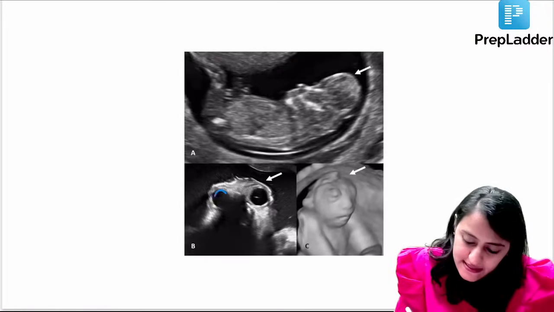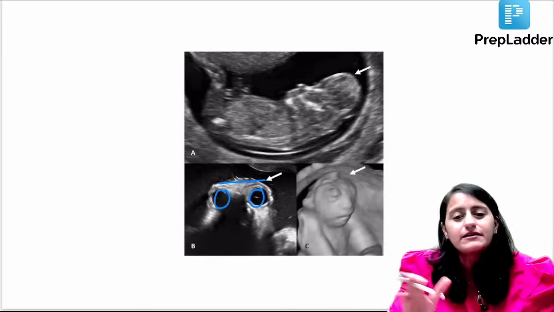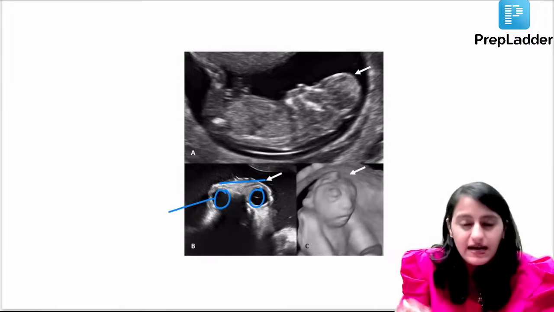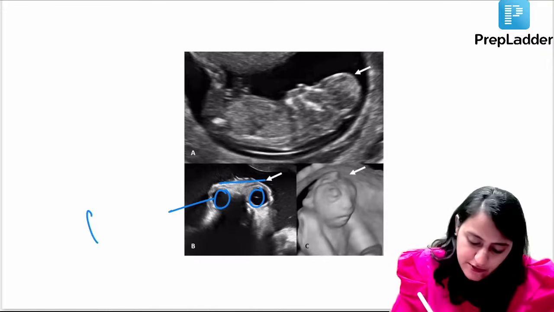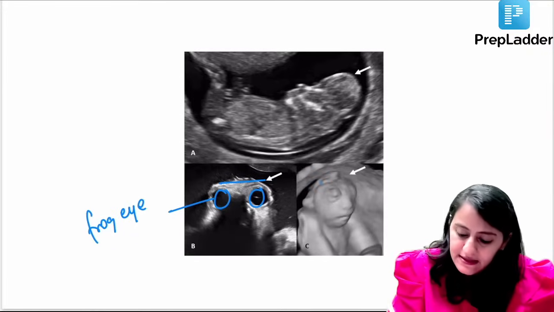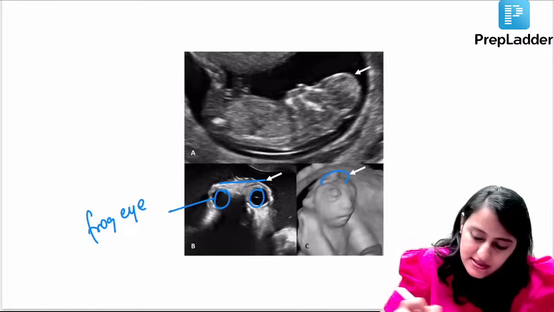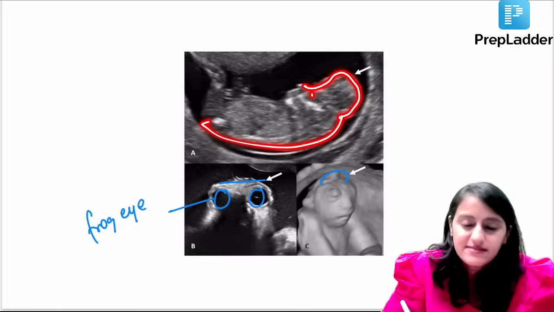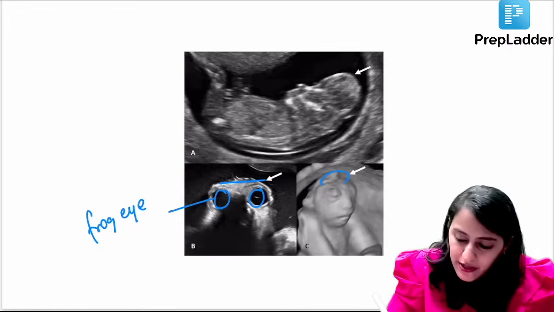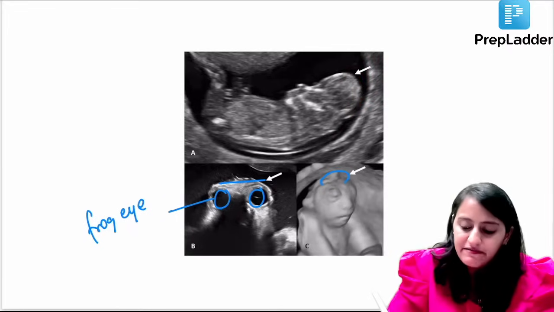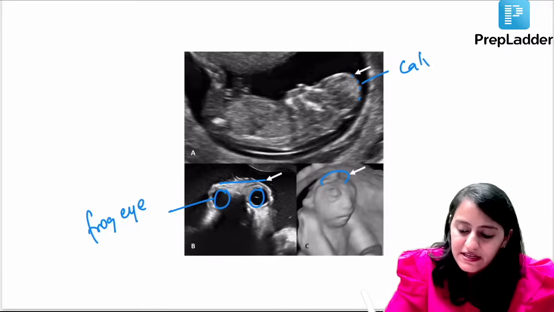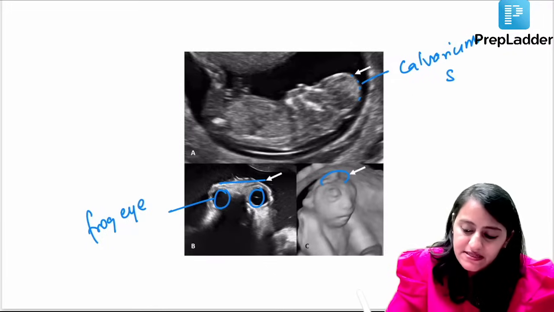Coming to OBGY, what is this one here? Classical. You are seeing the eyes, right? The brain parenchyma, you are not seeing. Like a frog, nothing is seen above the eyes. So the frog eye appearance, right? That is anencephaly. Look at the sagittal image. This is the baby lying here, the face, and this is the body of the baby. You are not seeing the white calvarium, right?